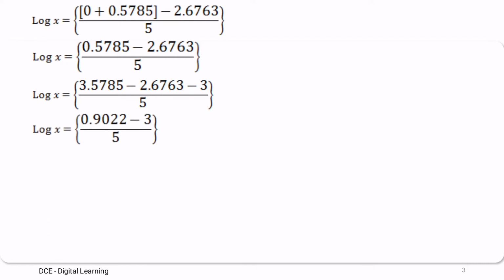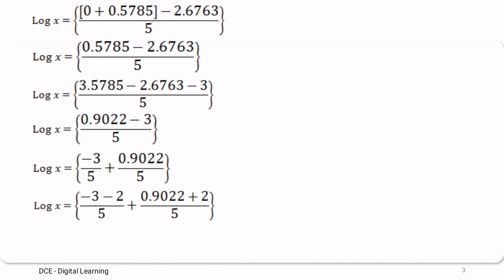So 3.5785 minus 2.6763 is 0.9022. This minus 3. So minus 3 is the negative characteristic and 0.9022 is positive. See, minus 3 cannot be divided by 5.